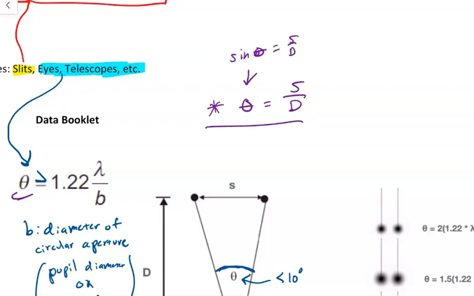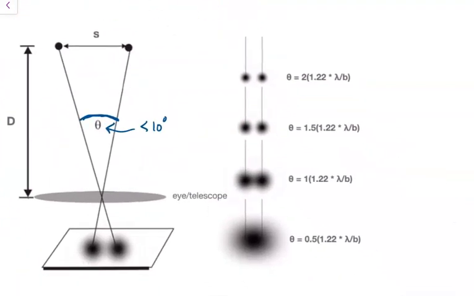So if we don't have theta, we can identify the angle between the two points by recognizing the distance between the two points and the distance from our aperture to the points. And so if we use our eye or a telescope to resolve two images, it depends on how far apart they are, or the angular separation between the two.